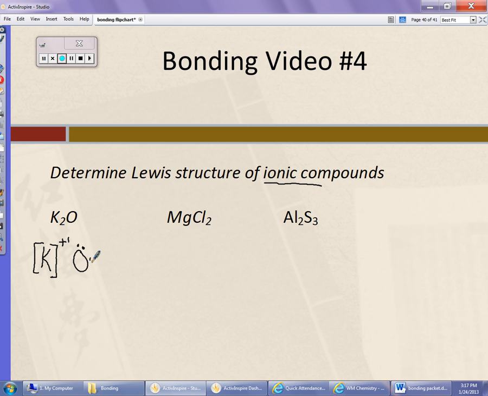He's going to gain electrons, so all 8 will be filled up. He's a negative 2 charge. And as we talked about earlier when we talked about naming things, a plus 1 and a negative 2 does not add up to 0, which is why we're going to end up having that second potassium ion.